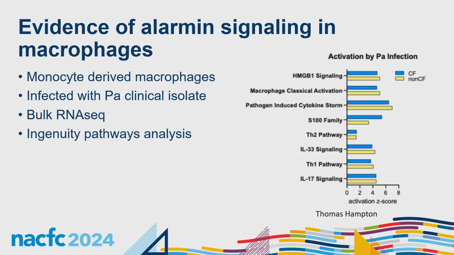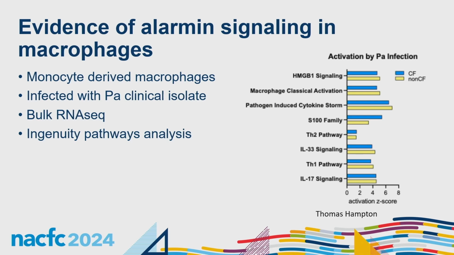And when I was looking at some preliminary data about a year ago, looking at the effect of Pseudomonas infection on monocyte-derived macrophages, we performed bulk RNA sequencing and then subsequent Ingenuity Pathway Analysis of these macrophages.